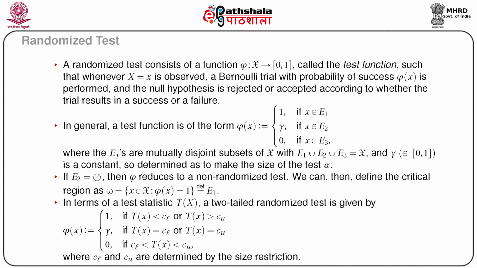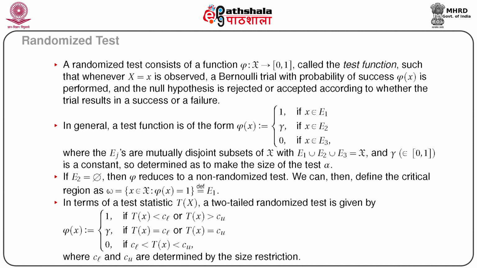In terms of the test statistic T(x), a two-sided or two-tailed randomized test is given by phi(x) equals 1 if T(x) is less than or equal to some constant Cl, or T(x) is greater than or equal to some constant Cu, and equals 0 if T(x) lies between Cl and Cu, with randomization at T(x) equals Cl or T(x) equals Cu.